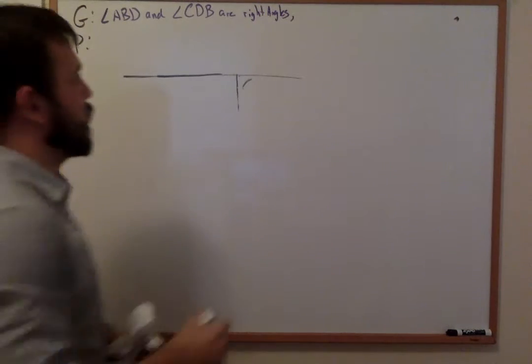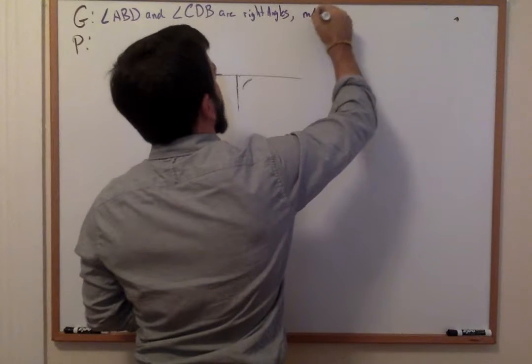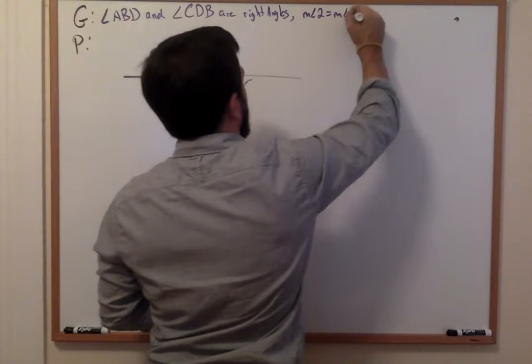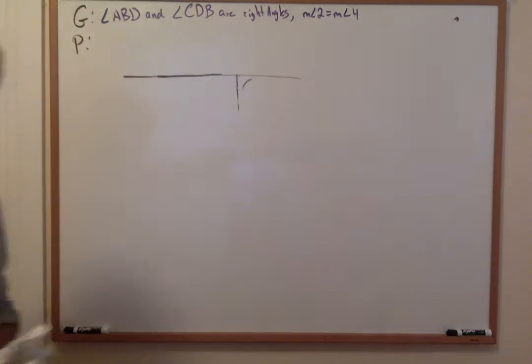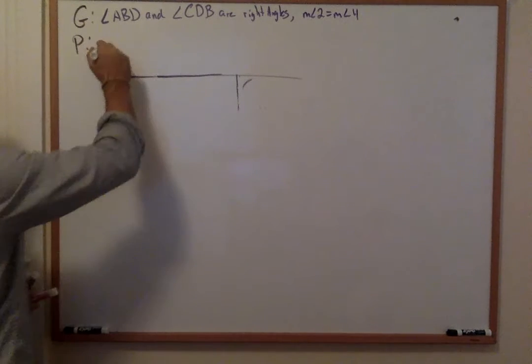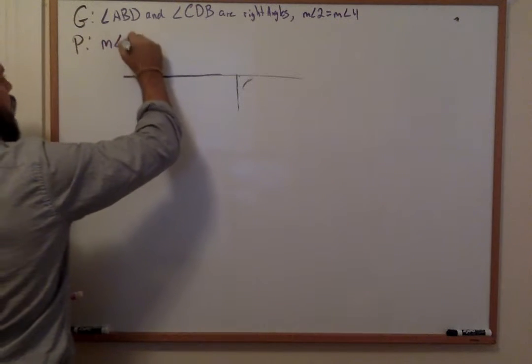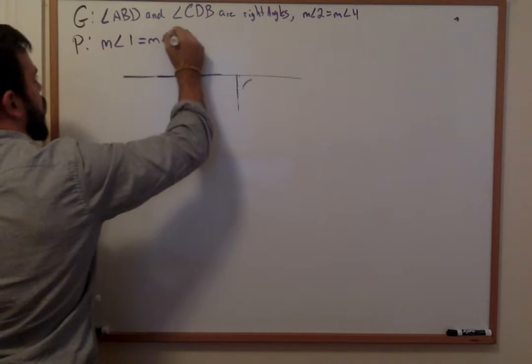We're also given the measure of angle 2 equals the measure of angle 4. And we need to prove that the measure of angle 1 equals the measure of angle 3.